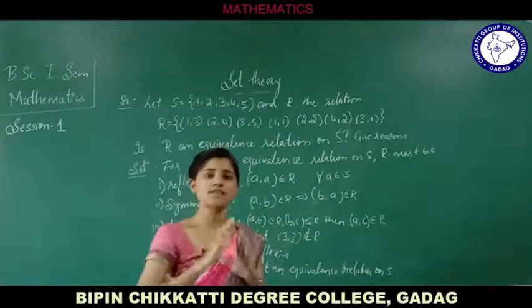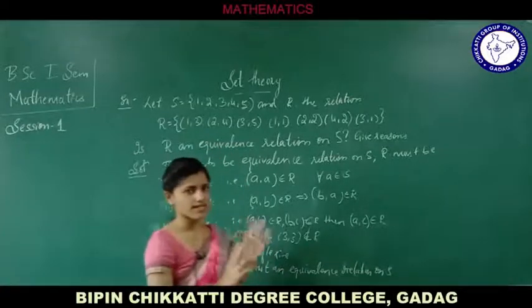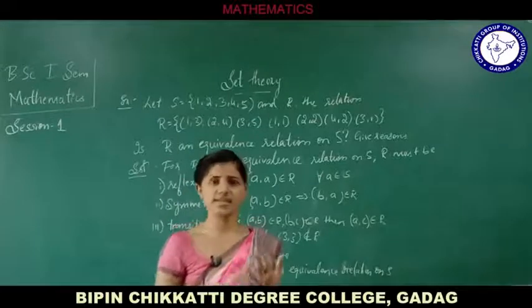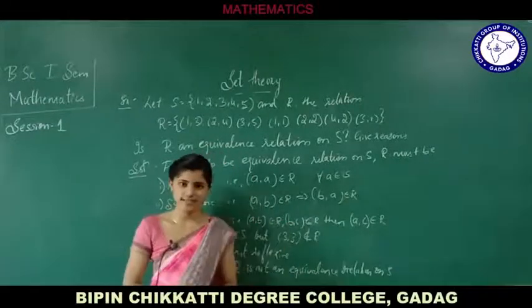Only if all these three conditions are satisfied can we say that it is an equivalence. If any two of them are satisfied and one isn't, then we do not say that it is an equivalence relation.